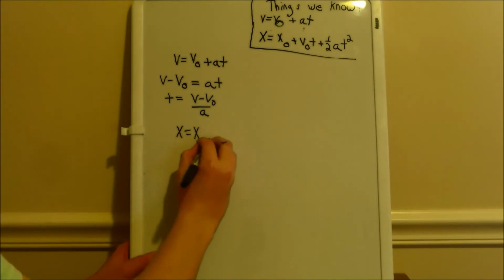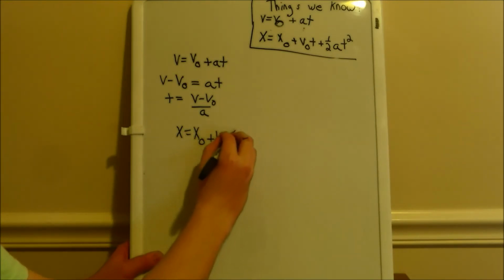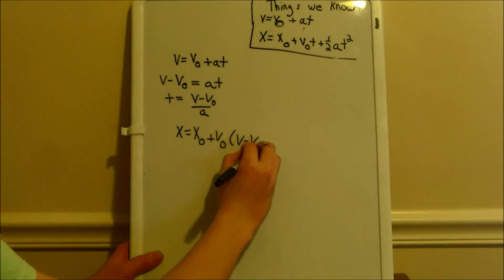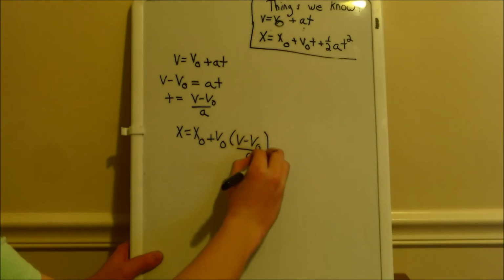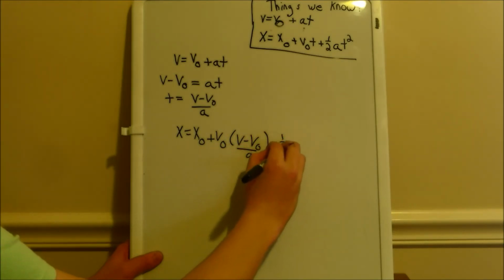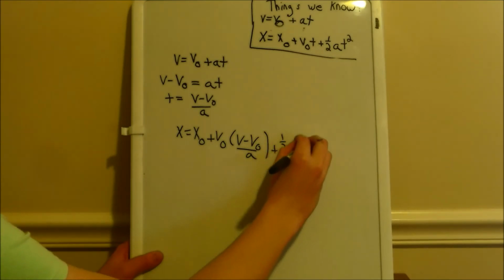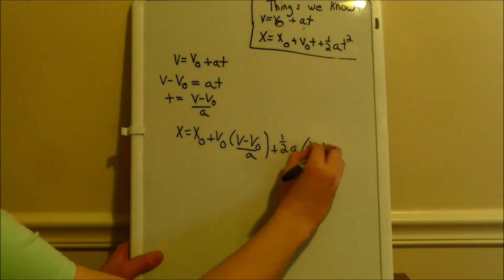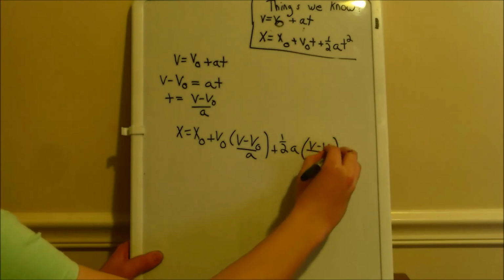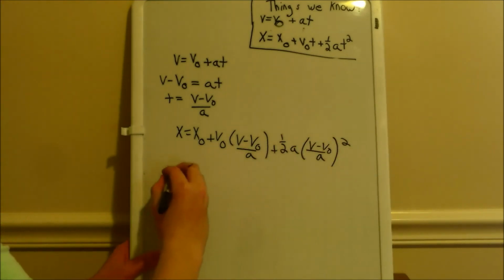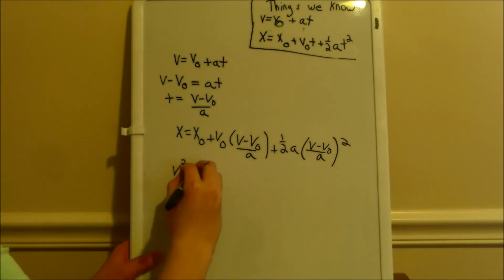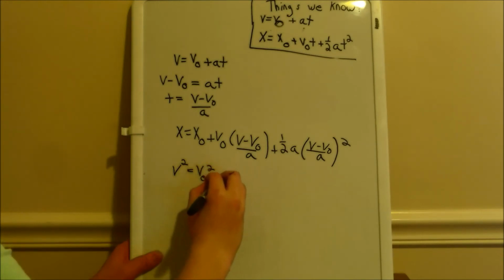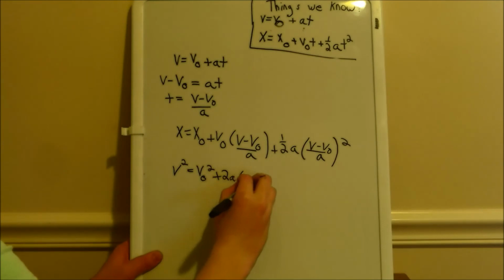In doing so, there's a ton of algebra, but I've omitted all these steps because it would take forever to do. As a result, you just have to trust me or do it for yourself to find out if that's really what the equation is. Finally, after the algebraic simplification, I reach v squared is equal to v initial squared plus 2ax. That is the third and final kinematics equation that we'll be working with.